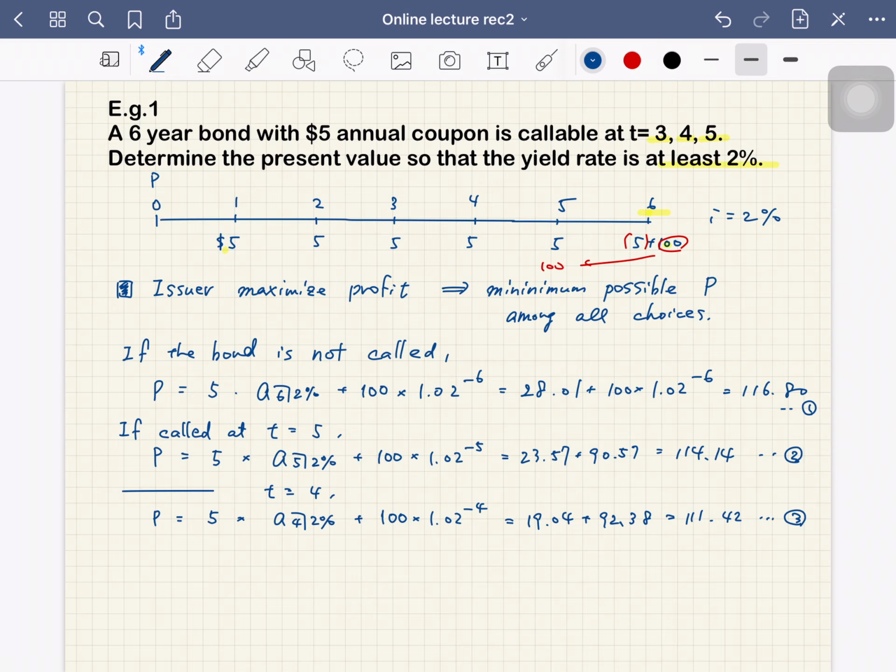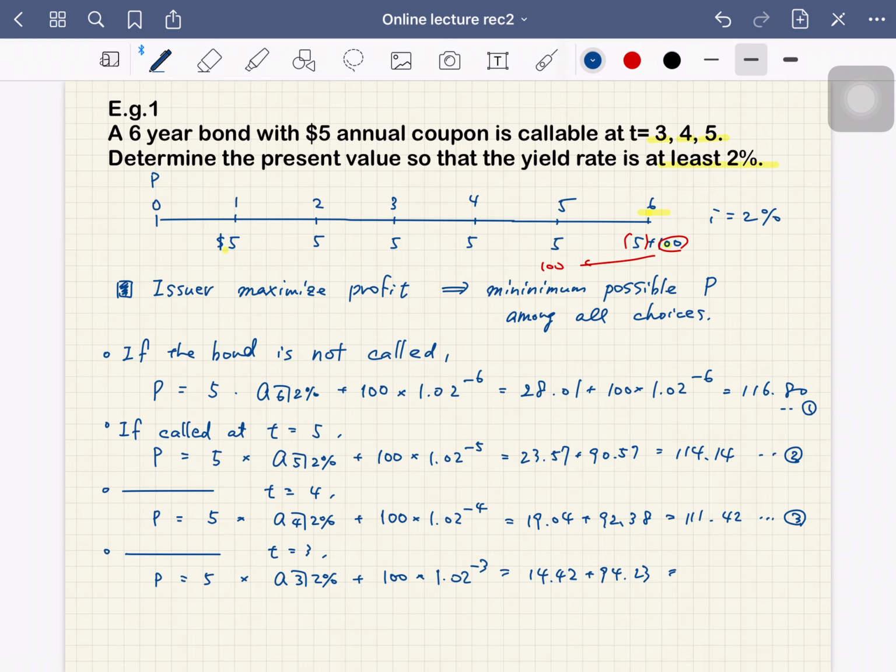So how about if it's called at t equal to 3? Okay, so the last case. So if the bond is called at t equal to 3, then P is equal to 5 times a-angle-3 at 2% plus 100 times 1.02 to the negative third power. So this is 14.42 plus 94.23.